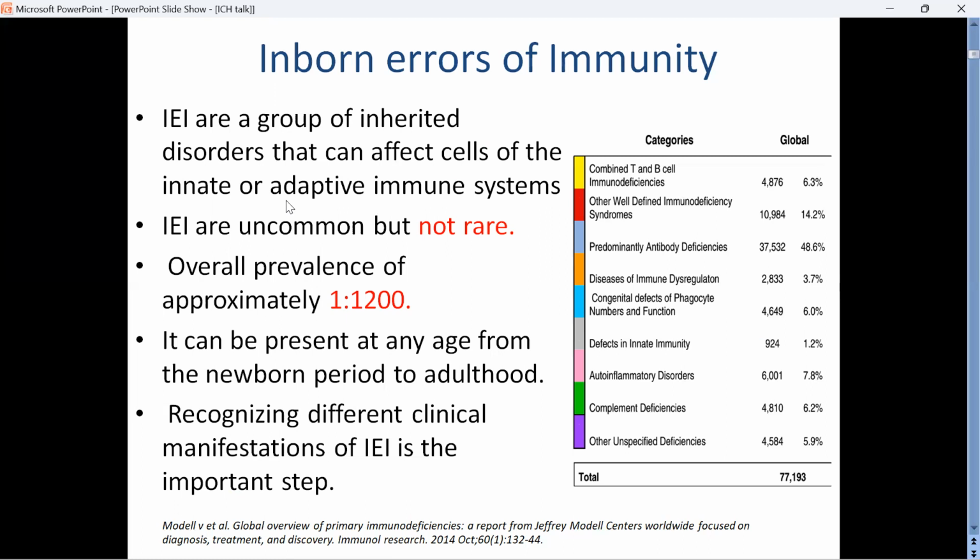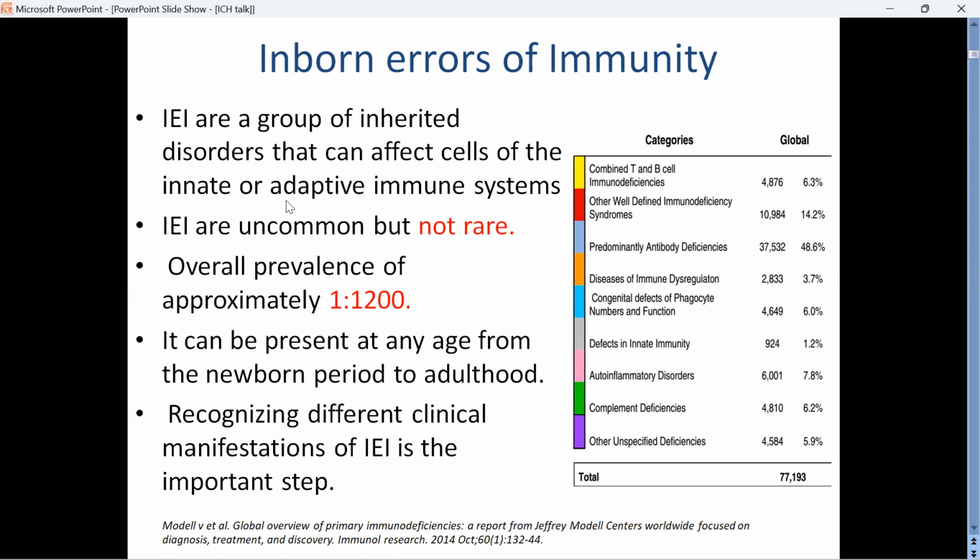For example, if you have a combined immunodeficiency or deficiency of cell-mediated immunity, governed by the T cells, the disorder presents at an earlier age, like less than 6 months. In contrast, if you have a defect in the immunity given by the B cells, the disorder presents later, after 6 months of age.